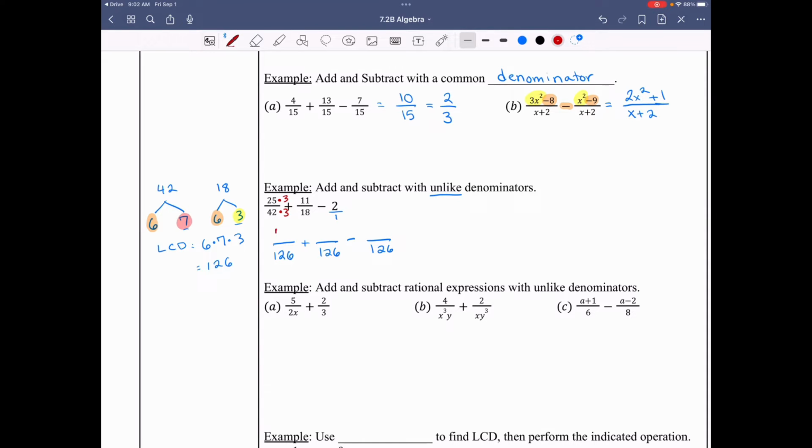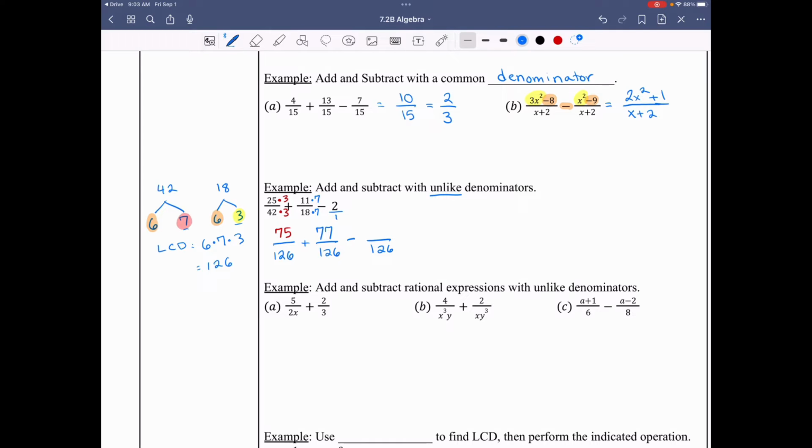And 25 times 3 is 75. Then to get 18 to become 126? Well, it's 6 times 3 times 7. And so 11 times 7 is 77.